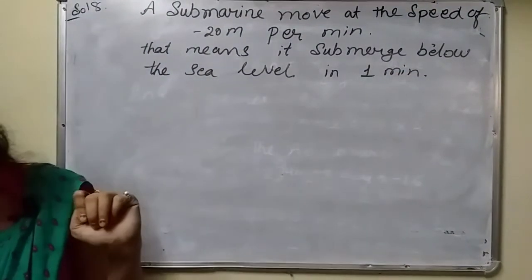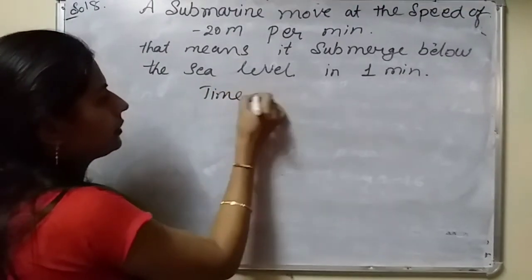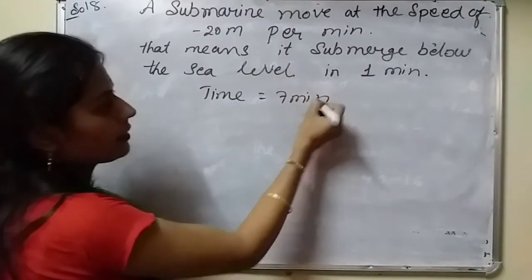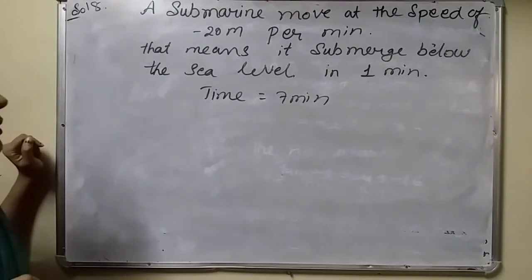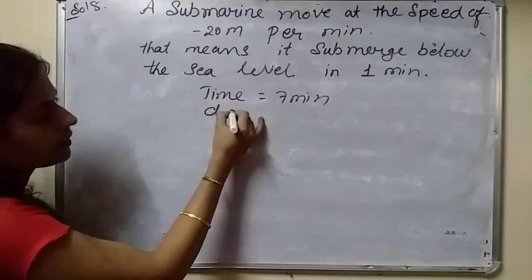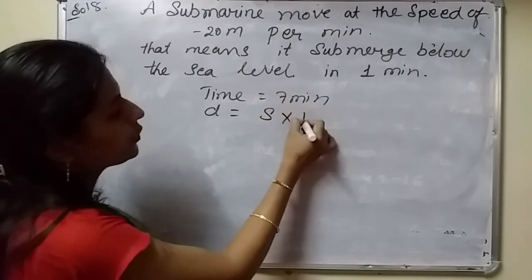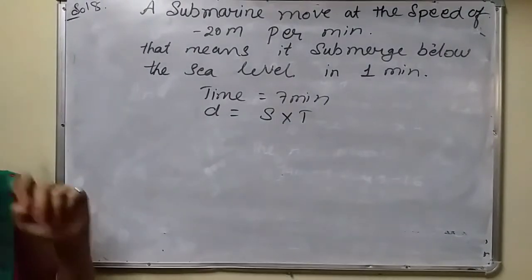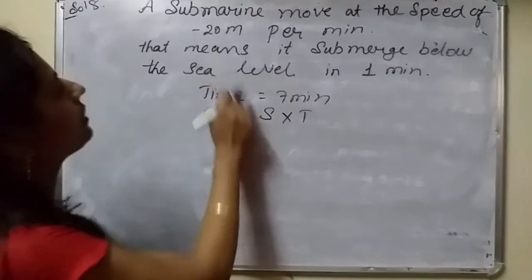Now see, what you have to find here? Time is given there, 7 minutes. Distance is what you have to find, that is speed into time. What is the formula for distance? Speed into time. What is the speed given there?